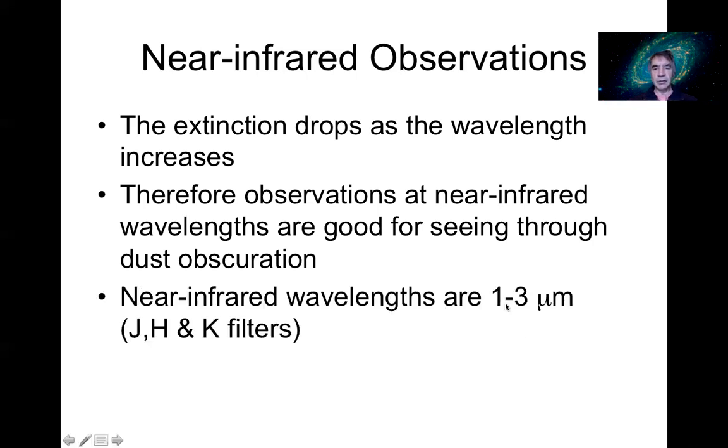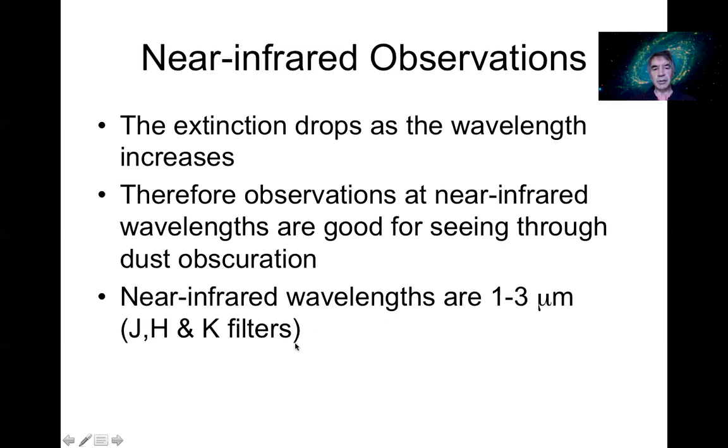And so just to define what I mean by near infrared wavelengths, we're going to talk about near, mid, and far infrared. So again, it's a good idea to familiarize yourself with these different wavebands. This is part of the module, to know what wavebands are good for what type of observation. So near infrared, you can still see stars, especially cool stars, and you can see through the dust.